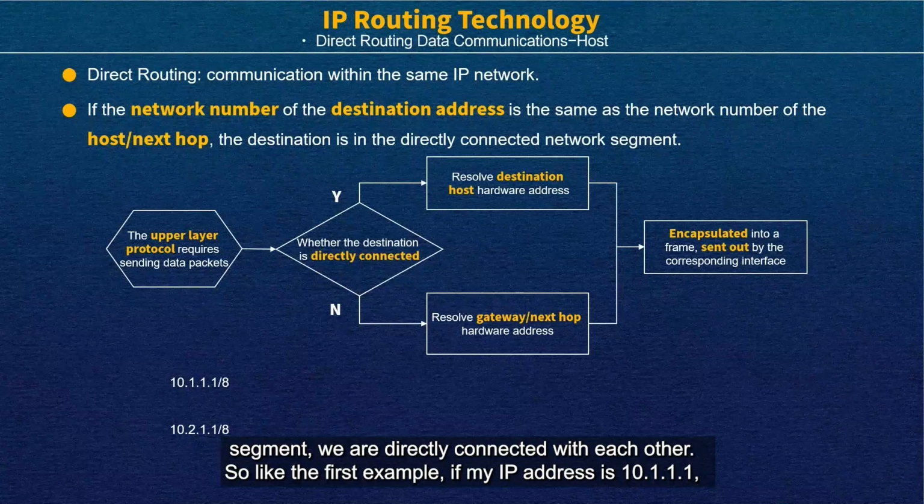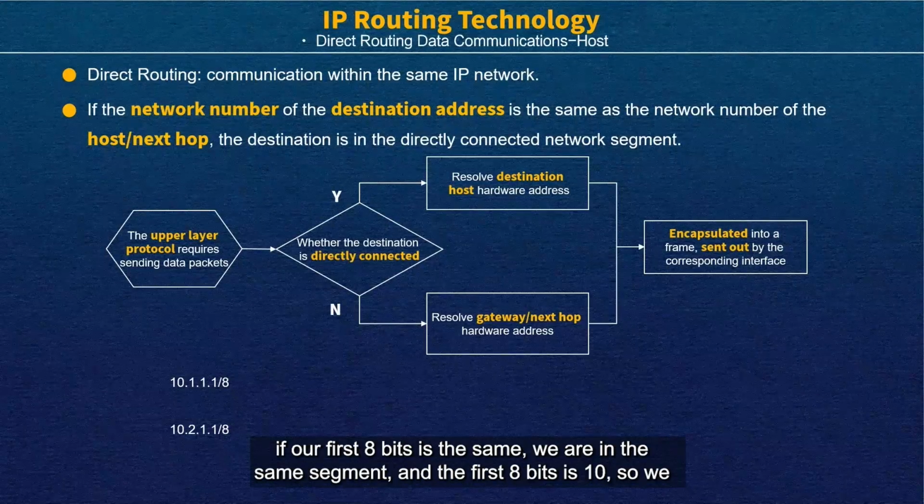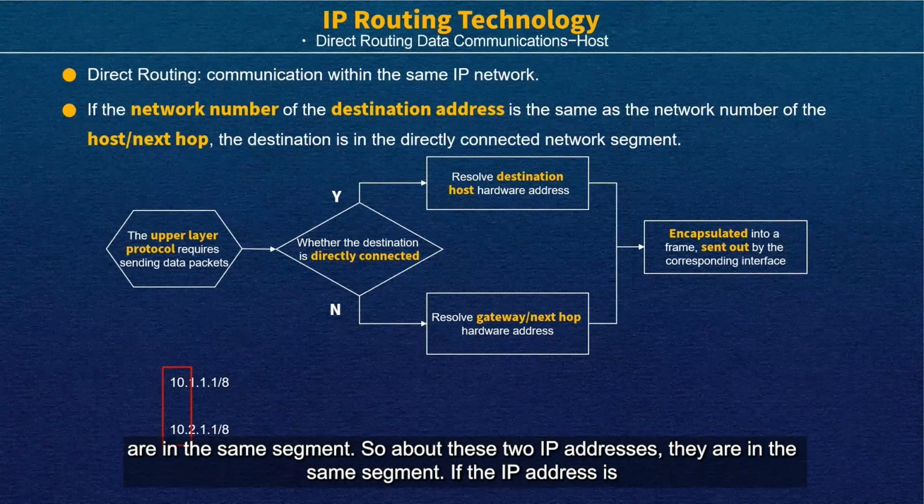We are directly connected with each other. Like the first example, if my IP address is 10.1.1.1, the mask is 8, and the destination IP address is 10.2.1.1. The mask 8 means if our first 8 bits are the same, we are in the same segment. And the first 8 bits is 10, we are the same. So these two IP addresses are in the same segment.